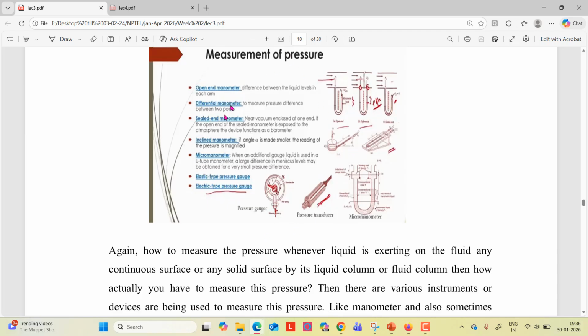See, it is written here. Open-end manometer, difference between the liquid levels in each arm. Okay, this is the open-end manometer. The second one is the differential manometer. If I show you the corresponding image, it will be more clear. So open-end manometer.